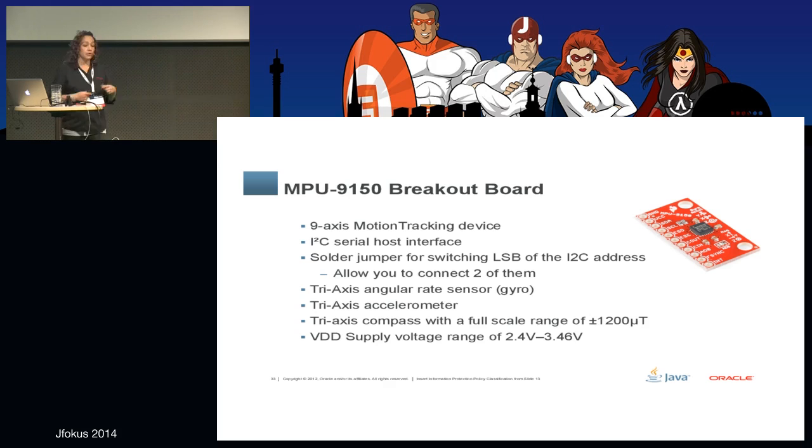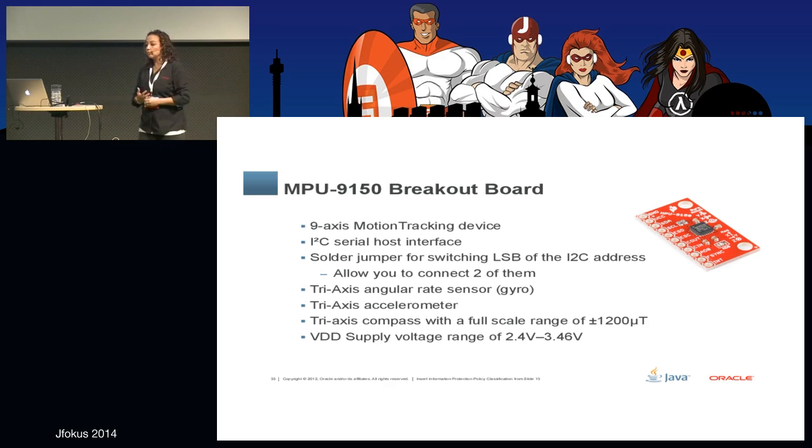Most of the chips already have an assigned address. This one doesn't. This one lets you set the least significant bit. So you can either turn it into 0 or 1 by grounding it or not. That allows you to have 2 devices of this one connected to the same bus.